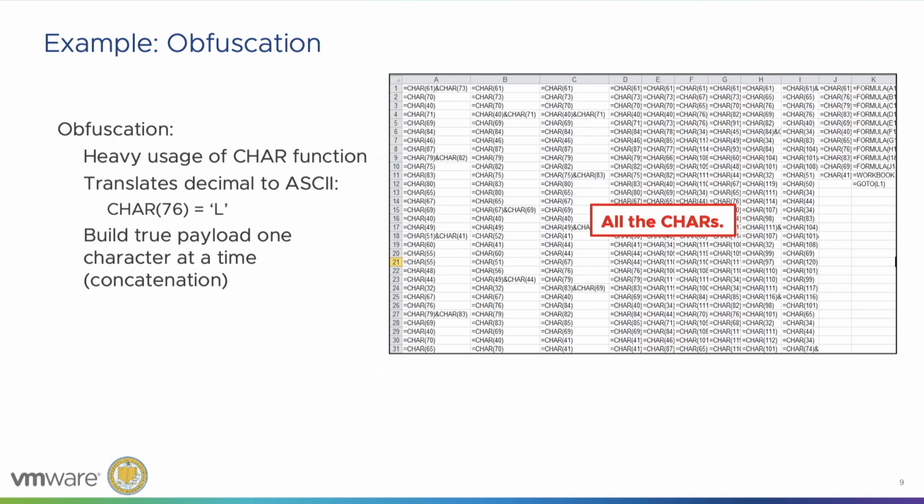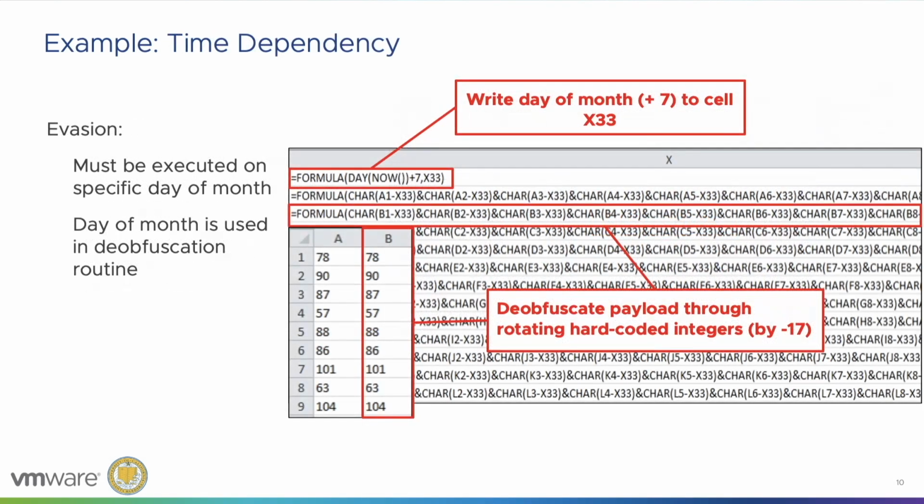Other things that we saw throughout 2020 and 2021 is the use, for example, of the char function in order to collate together letter by letter the whole content of a macro, or the use of time dependency.